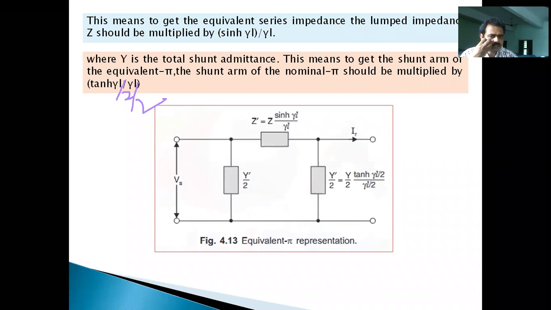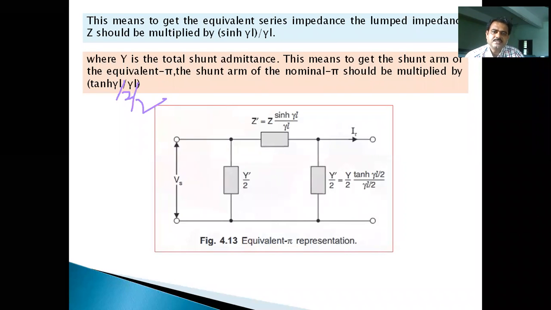So we have just followed what we have done earlier by applying Kirchhoff's voltage law and current law. The first step, we have to find the sending end voltage and sending end current equations in terms of receiving end voltage and receiving end current values. So keeping that aside, next the second step.